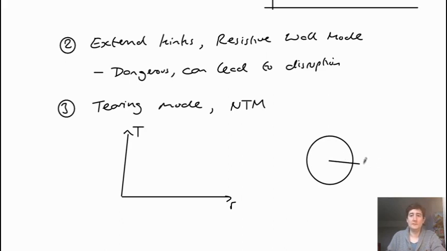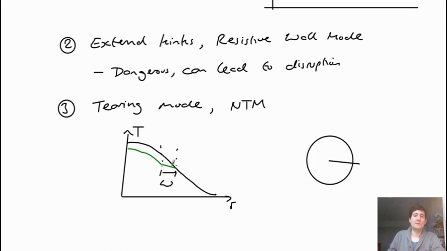You might have a laser, a Thomson scattering measurement, and you measure the temperature along a line. What you hope to see is some kind of temperature maximum in the hot core. But what's seen with a tearing mode is that the temperature instead has a flattened region. So there's a region of the plasma where the temperature is essentially flat, and this region here is the width of a tearing mode.